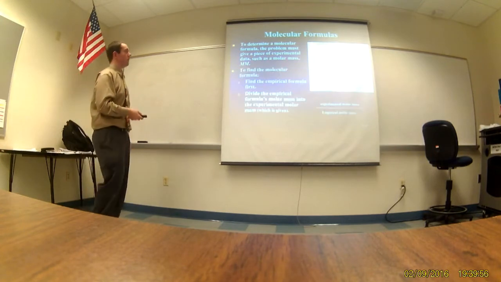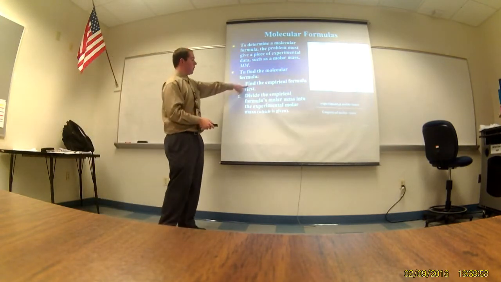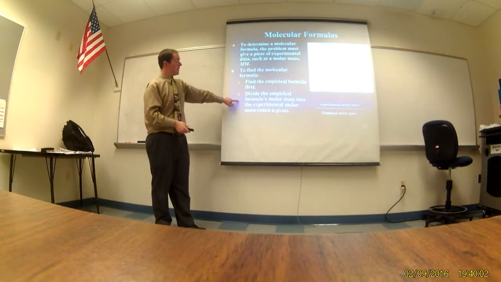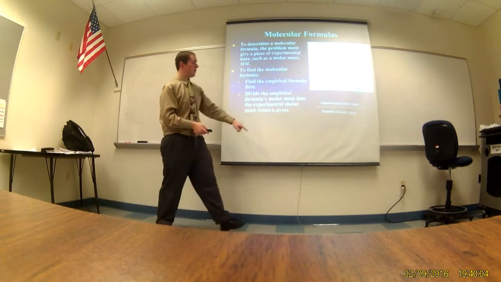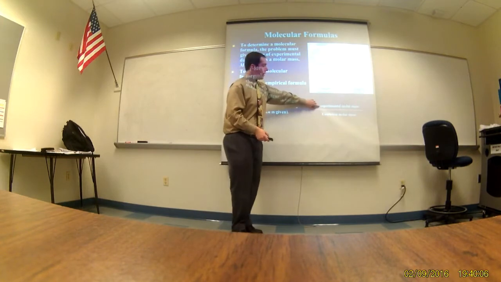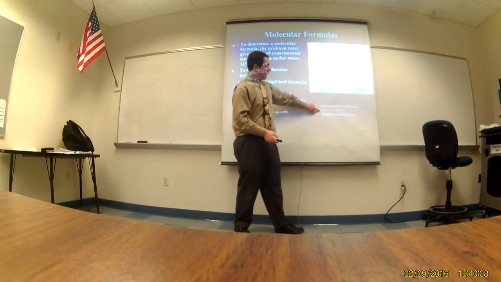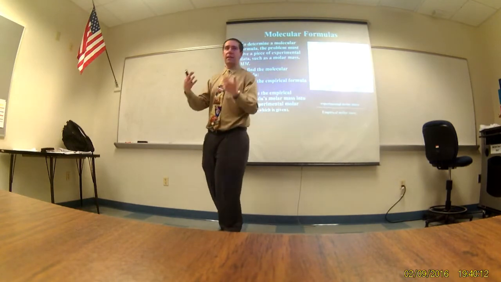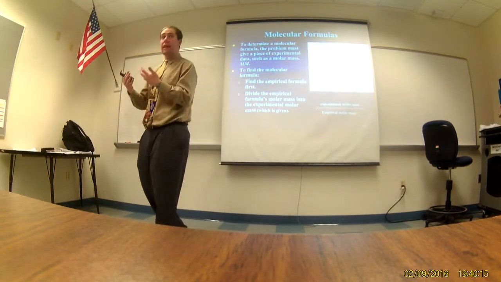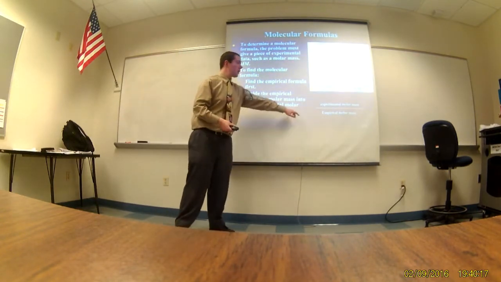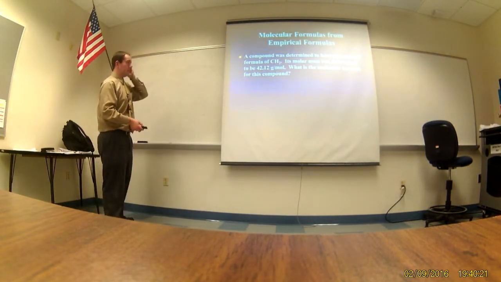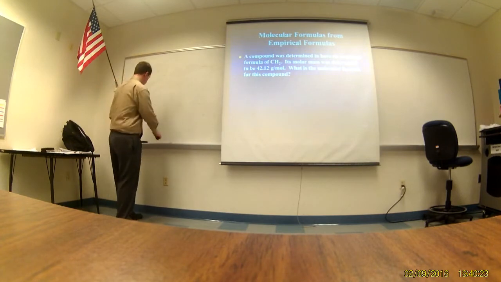So, find the empirical formula, then divide the molar mass of the molecular formula by the empirical molar mass, and you'll get a number. Whatever that number is, you multiply your empirical formula by it. So here's our example. We have CH2.